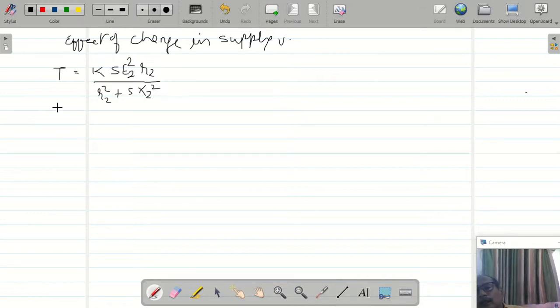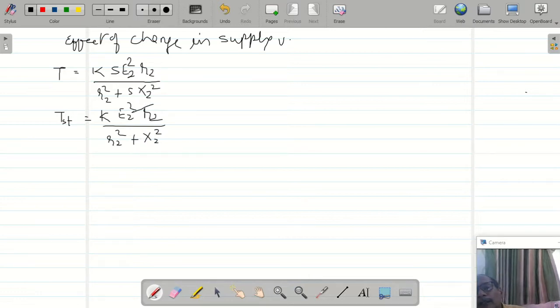Clear? So this is the running torque. What is the starting torque? Starting torque equals one constant K, S equal to 1, E2 square R2 upon R2 square plus X2 square.